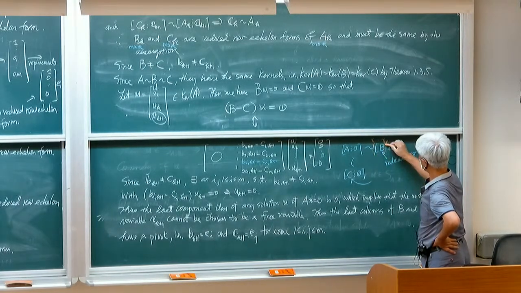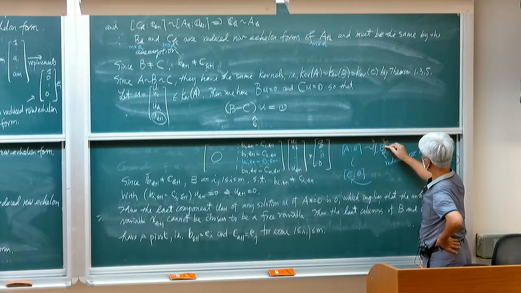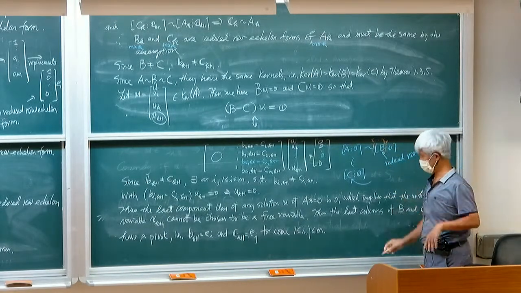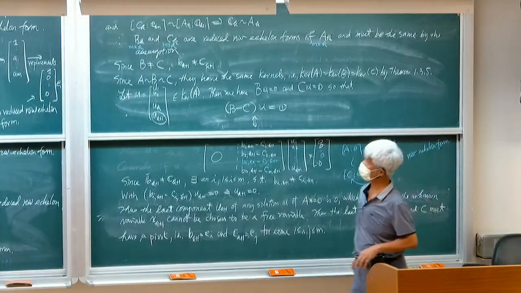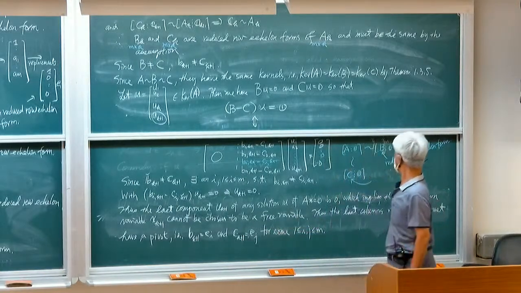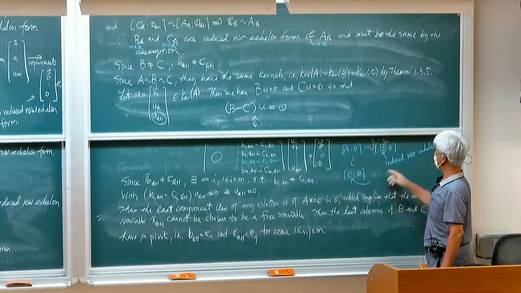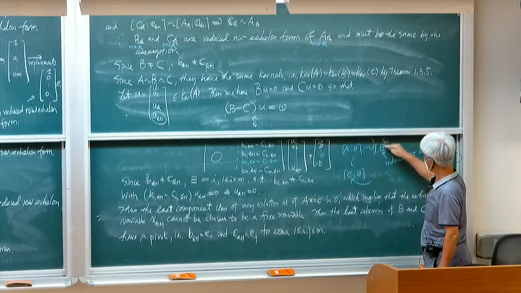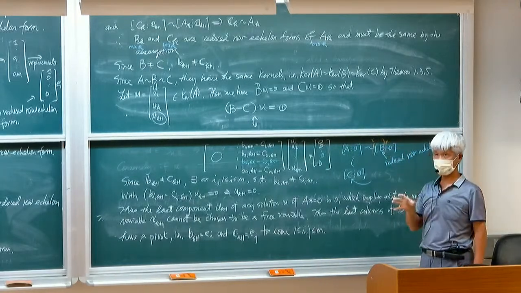The last column, if it has no pivot, then as we just discussed previously, without a pivot the variable can be said to be free.